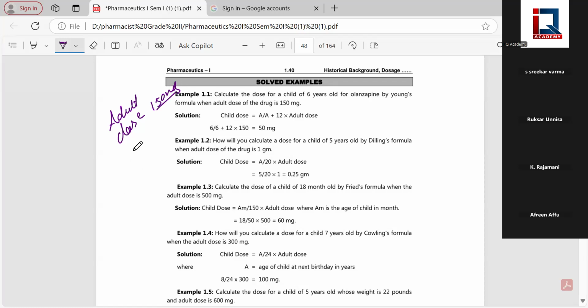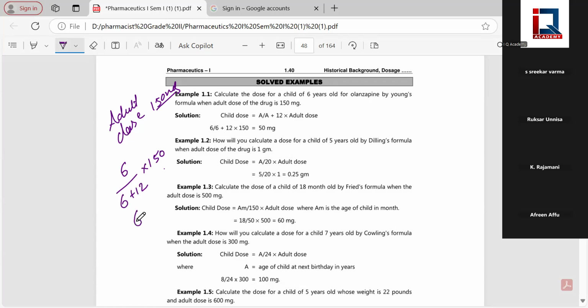So what is Young's formula? Child dose by Young's formula. I just told you. Tell me, what is Young's formula? Age of the child in years by age of the child in years plus 12 into adult dose, right? What is the age of the child given? 6 years by 6 plus 12 into 150.